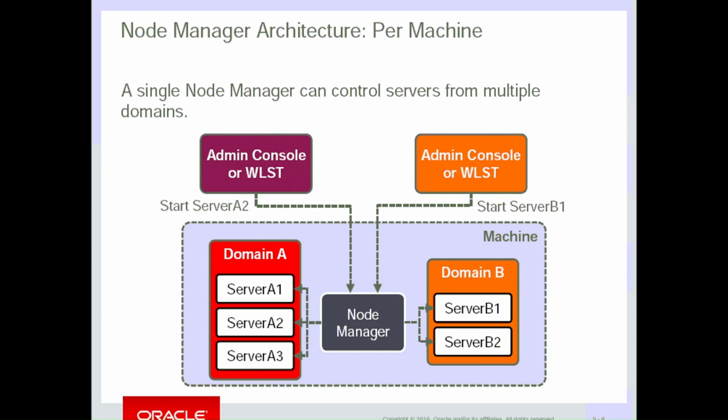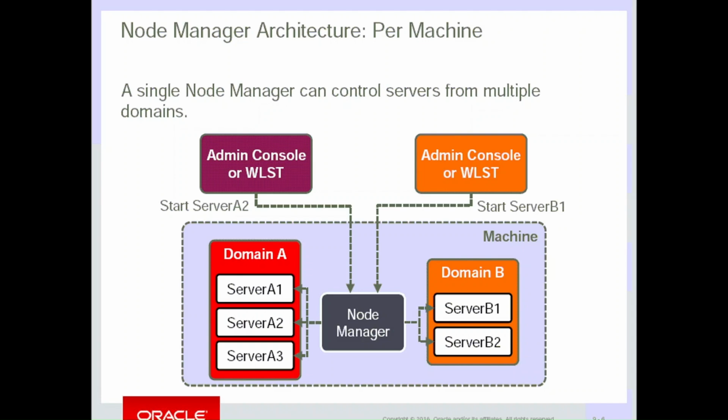Now let's understand the architecture of a Node Manager. Here we have a Node Manager per machine. So one Node Manager per machine, and that one Node Manager can control multiple servers on multiple domains.